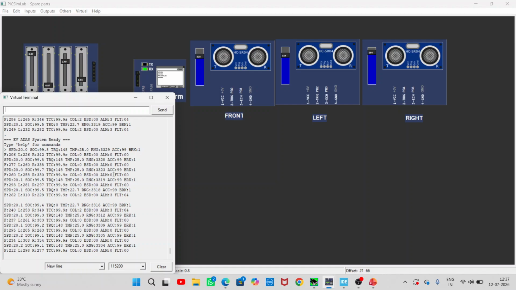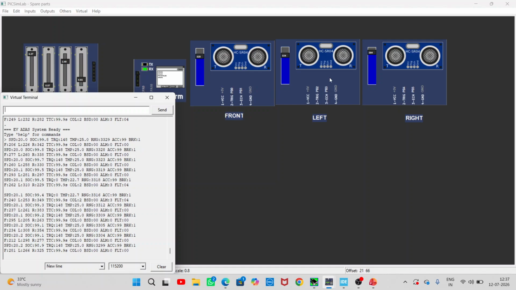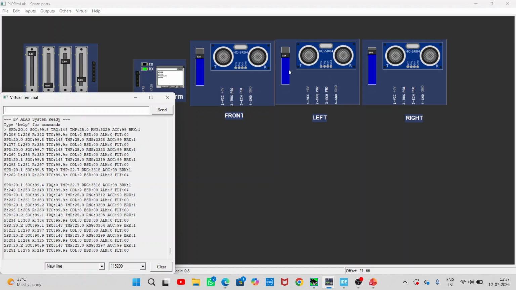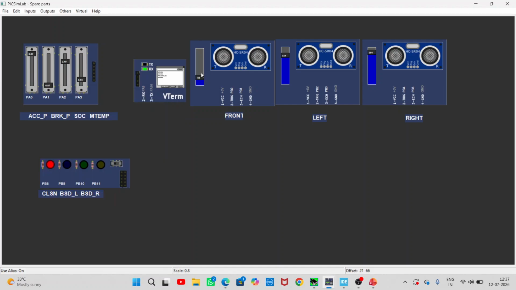I use three ultrasonic sensors, one for front, one for left and the other for right. In forward collision warning, when the distance is less than 20 centimeters, the critical alarm will rise and the warning alarm will also indicate.